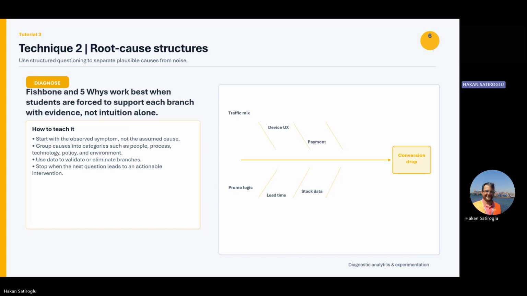In theory terms, this slide introduces causal reasoning in a very accessible way, but we are teaching students that plausible explanations should be compared and tested, not just listed and opined. That makes their work credible and more useful for managers.